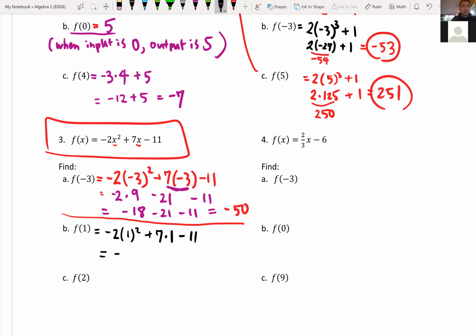So it's going to be negative 2 plus 7 minus 11. That's 5. So 5 minus 11, what is that? Negative 6. Negative 6 should be the output.